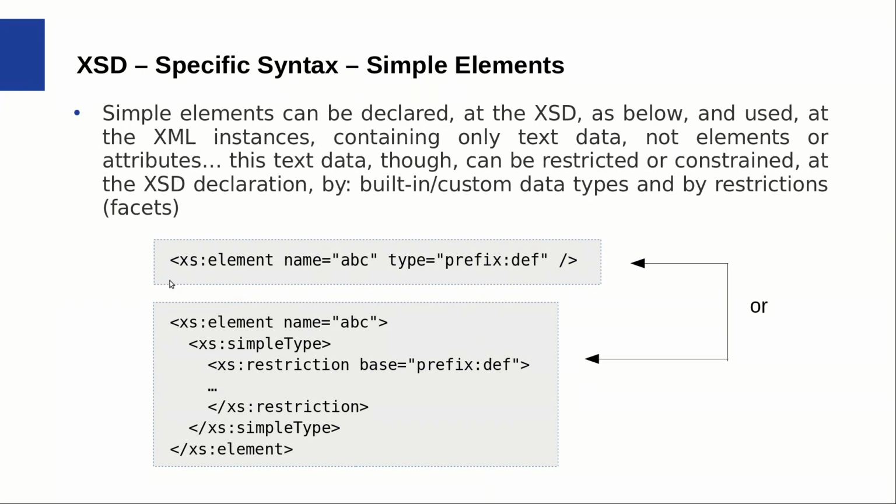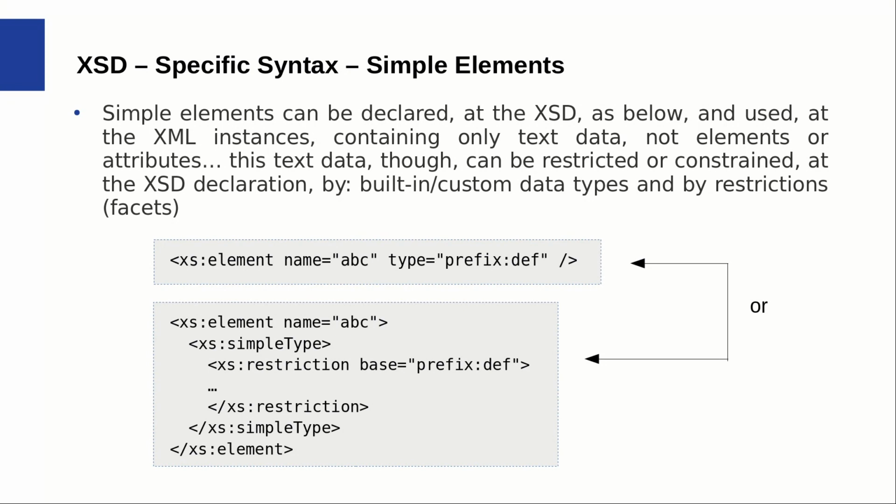So this is the simpler form of declaring a simple element, and you just use the slash at the end of the opening tag here for avoiding to use a second tag or a closing tag outside, as we've already shown in a lot of other examples when we saw XML syntax.